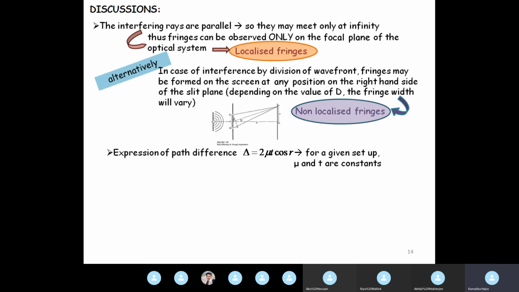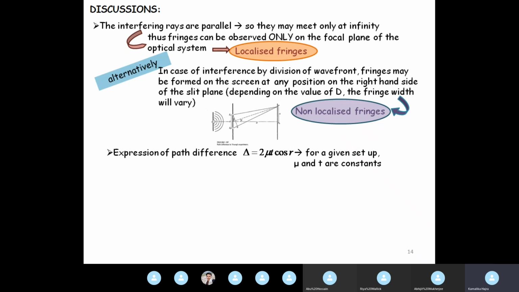Second, you see the expression of the path difference is 2 mu t cos r. Delta is 2 mu t cos r. In case of the reflected mode, you add or subtract from this expression lambda by 2 in order to do the calculations for bright and dark fringes, and in transmitted mode you keep this as it is. But this is the expression for the path difference.